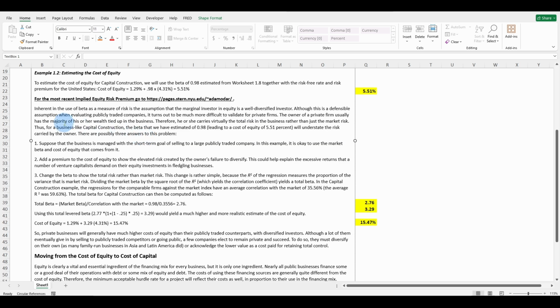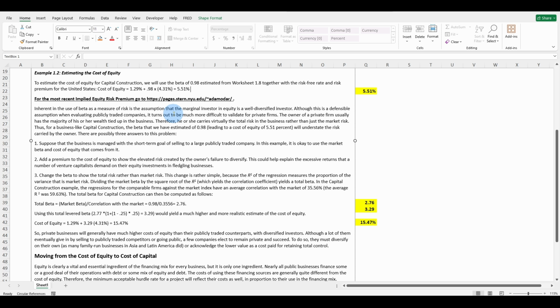Inherent in the use of betas as a measure of risk is the assumption that the marginal investor in equity is a well-diversified investor. Although this is a defensible assumption when evaluating publicly traded companies, it turns out to be much more difficult to validate for private firms.